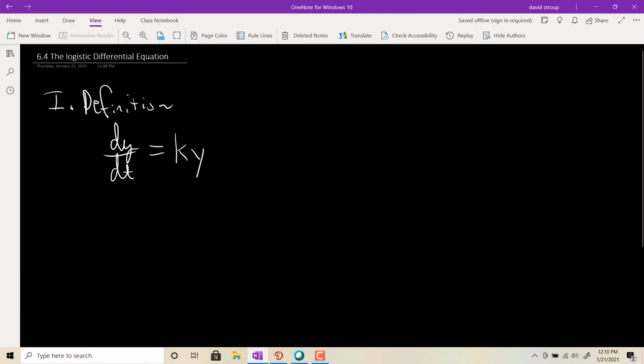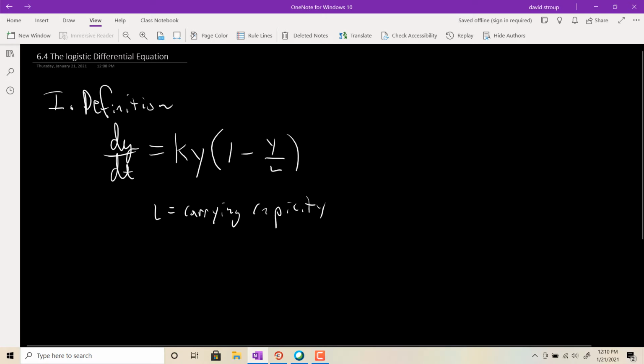But then they put in this other factor which can limit the growth, 1 minus y over L, where L is this thing called a limiting capacity, or a carrying capacity, or whatever they want to call it.